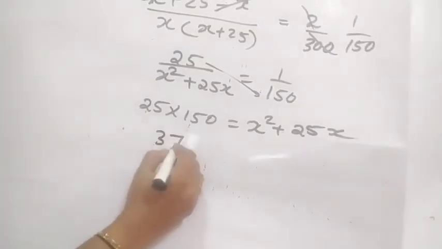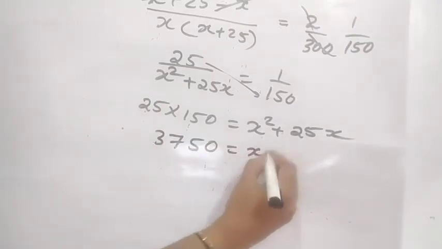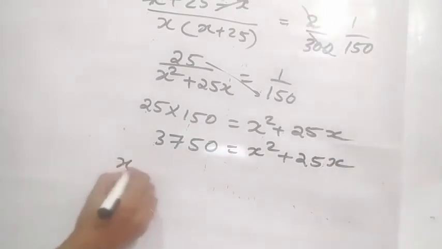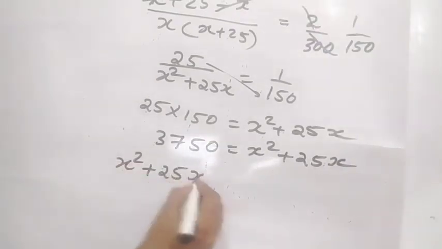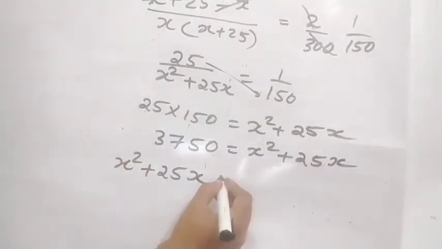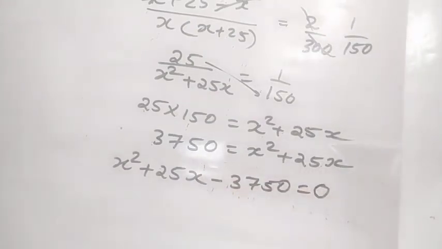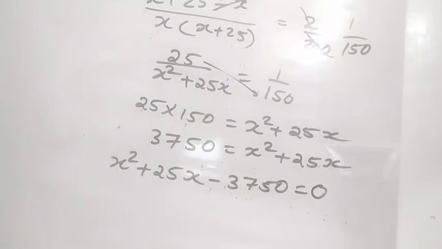That is 3750 equal to x square plus 25x. Let us write the standard form, x square plus 25x. Write that number to the right side, it changes to minus 3750 equals 0. We write all the values to one side, so that we get x square plus 25x minus 3750 equal to 0.